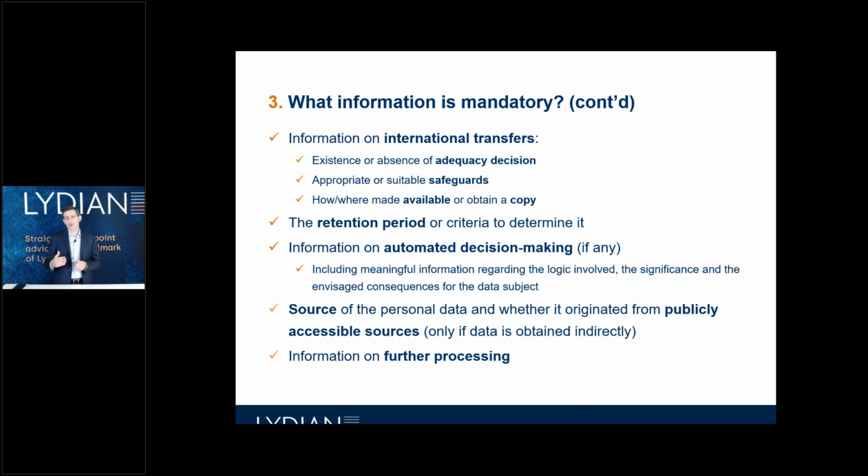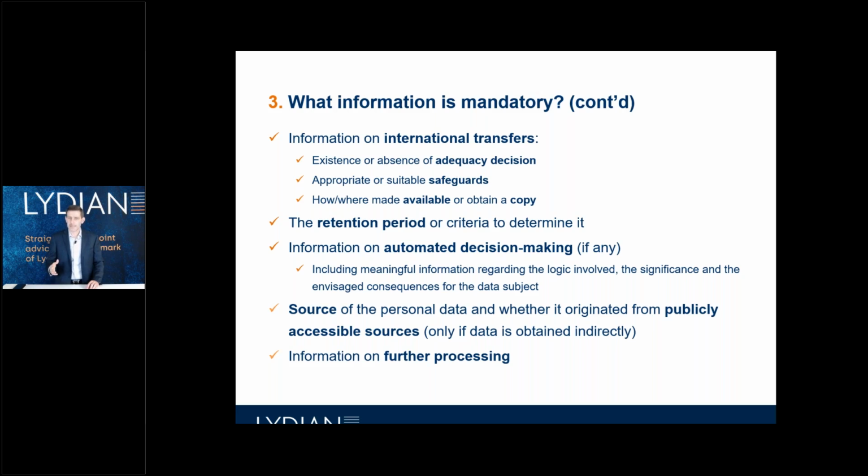If you transfer to outside the European Economic Area, you need to say whether or not these countries are covered by an adequacy decision, so whether these are so-called whitelisted countries. If this is not the case, you need to inform the data subject of the appropriate or suitable safeguards that have been put in place, like, for example, standard contractual clauses and so on, or binding corporate rules.